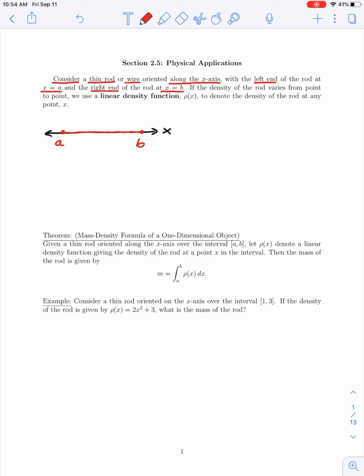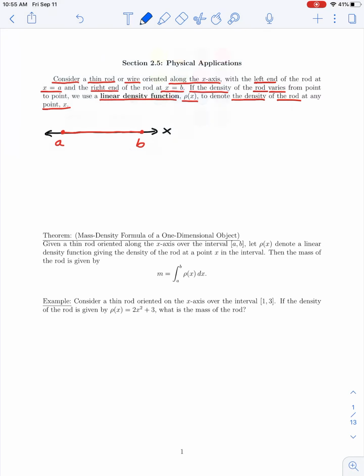Now, over the length of this wire or this rod, we might have varying density from point to point. So if the density of this rod or this wire is varying from point to point, then we might use what's called a linear density function, which is denoted as rho of x, to denote the density of this rod or this wire at any point x.